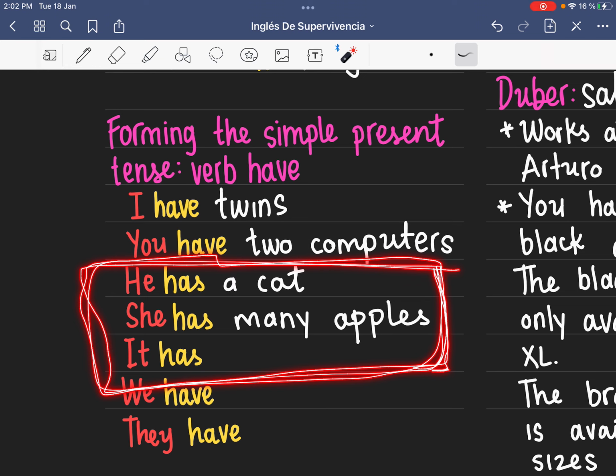Una de ellas va a ser únicamente para tercera persona singular y la otra para todos los otros sujetos. So, now we know that we only have two conjugations for any verb tense, and those conjugations are one conjugation for third person singular and another one for all the other subjects in a given verb tense.